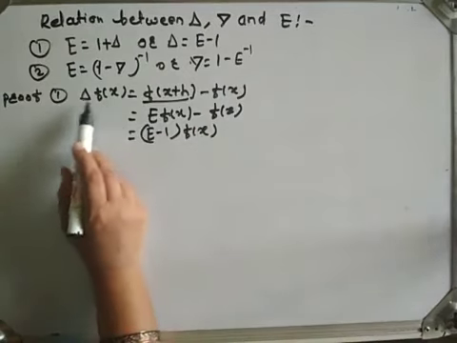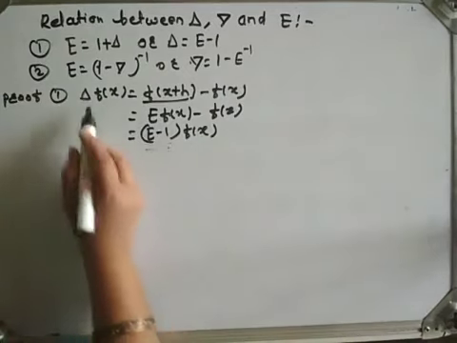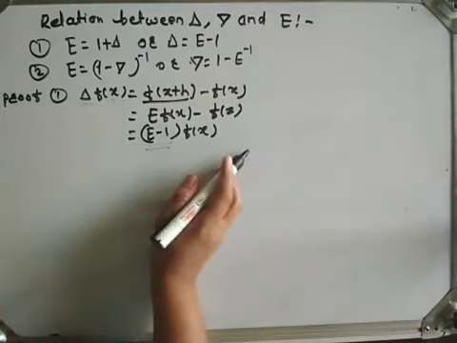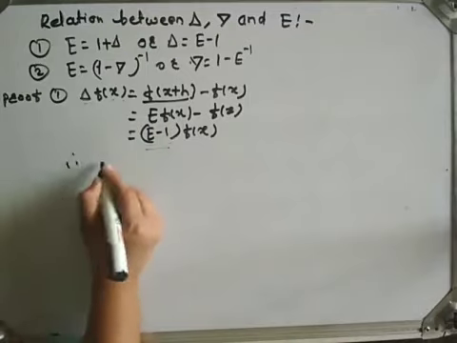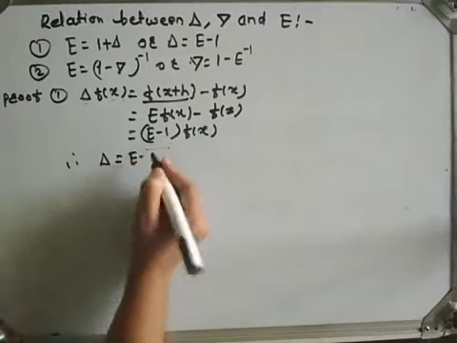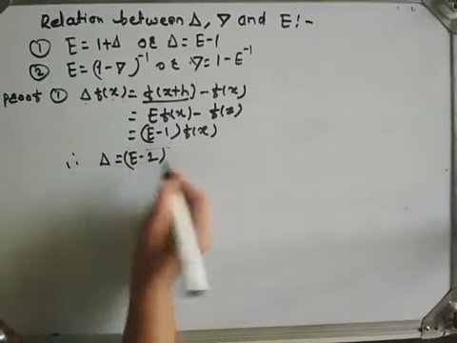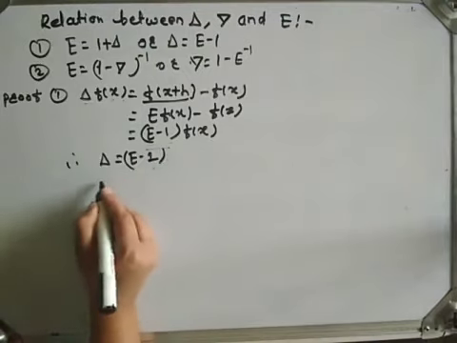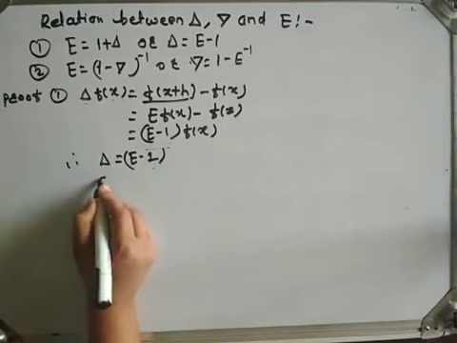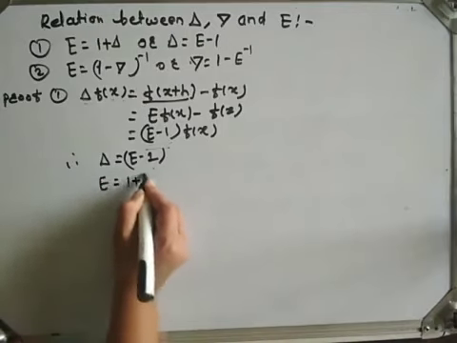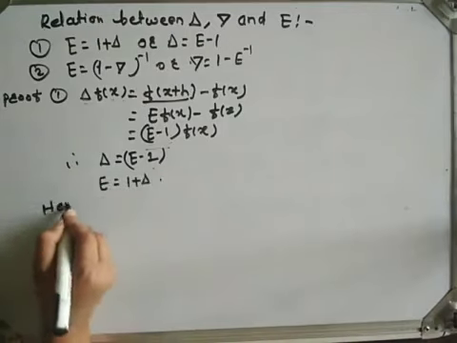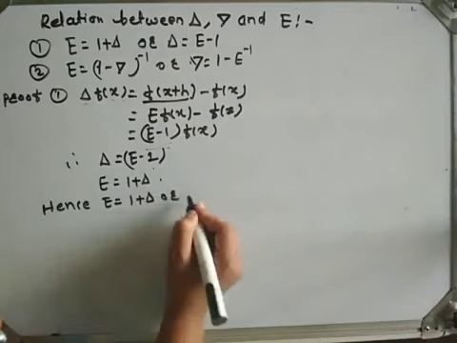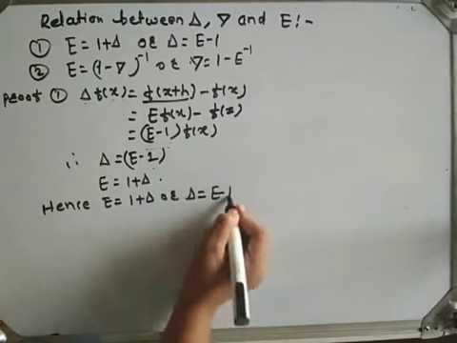So delta f of x is equal to E minus 1 into f of x. Therefore delta is equal to E minus 1. If you rearrange this equation, you get E is equal to 1 plus delta. Hence we have E is equal to 1 plus delta, or delta is equal to E minus 1.